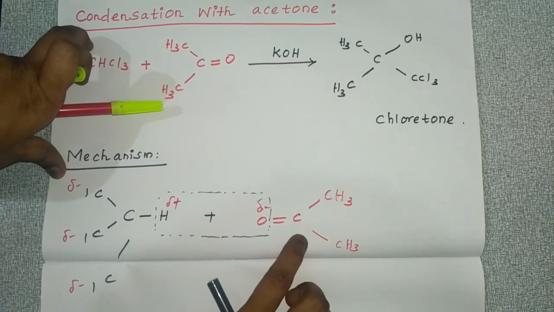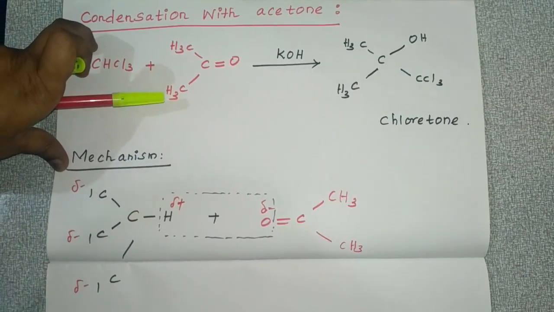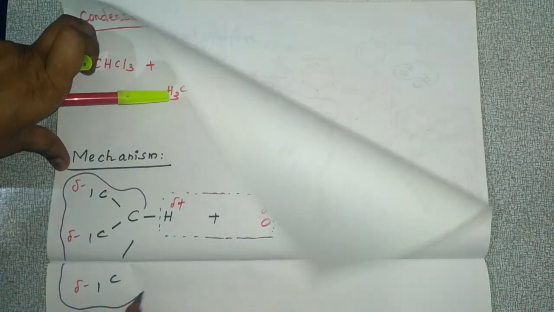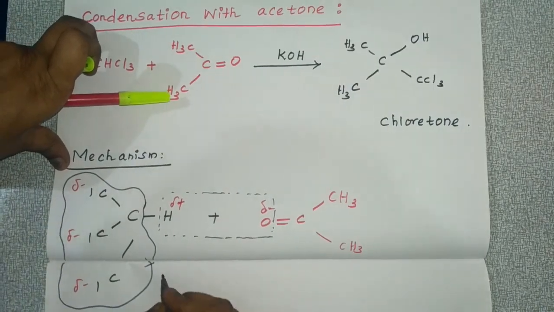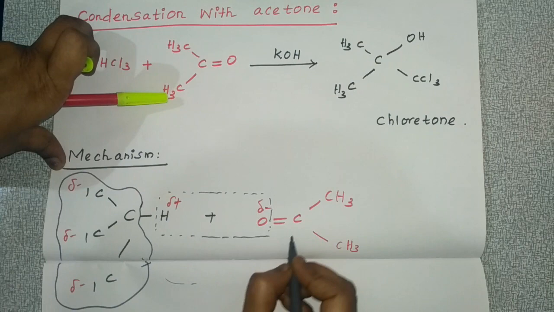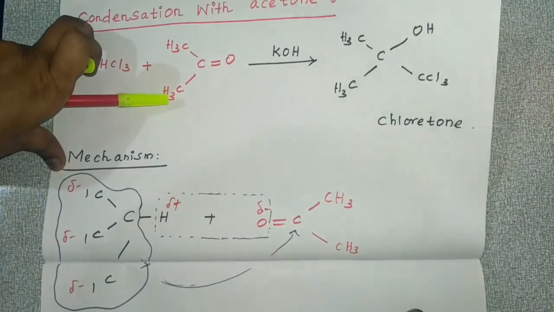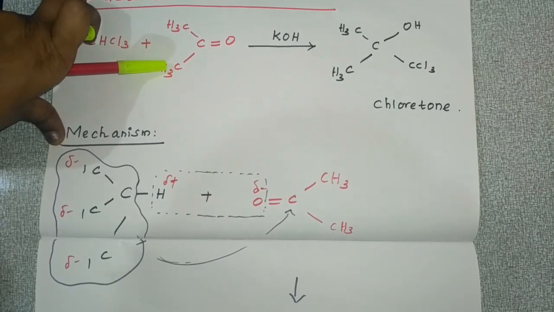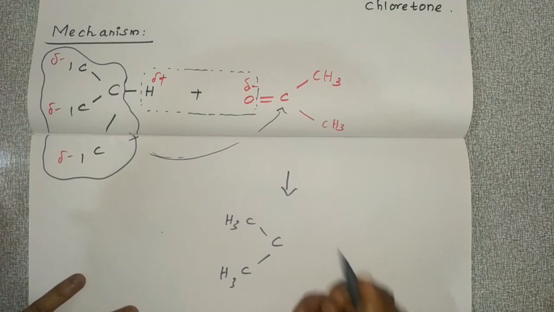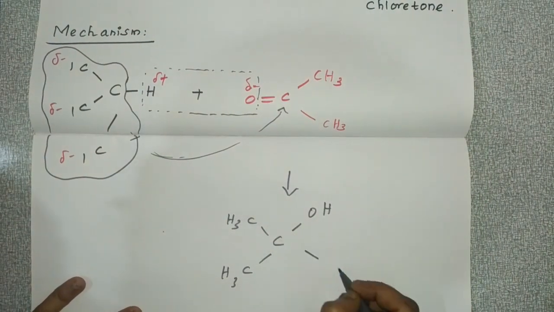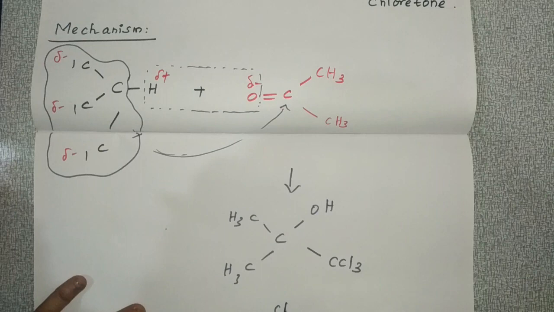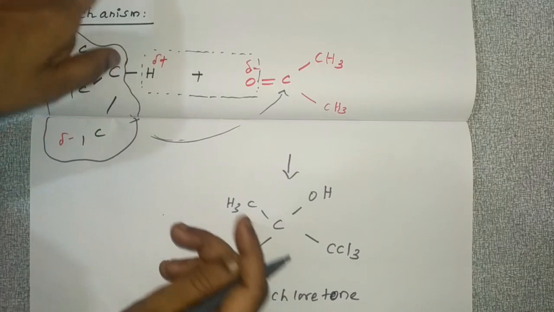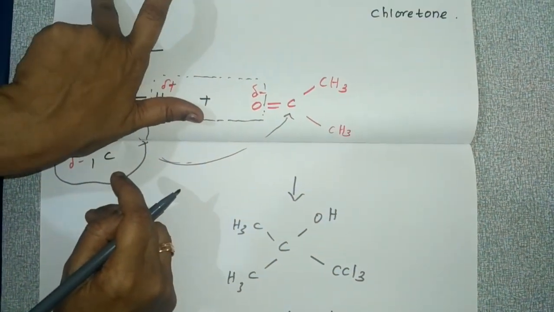It will be a positive charge, and the CCl3, which is the anion here, will attack this carbon atom, and the product formed will be CH3, OH and CCl3. So this is how the product chloritone is formed by the condensation of chloroform and acetone.